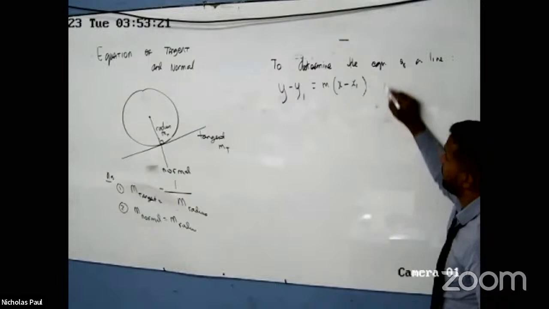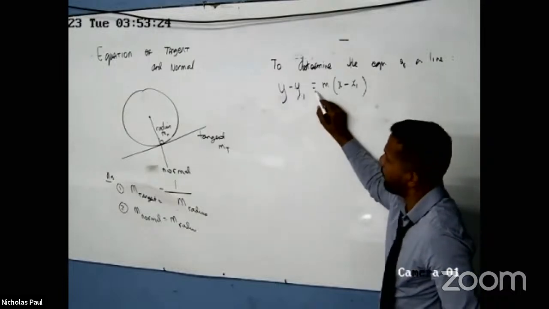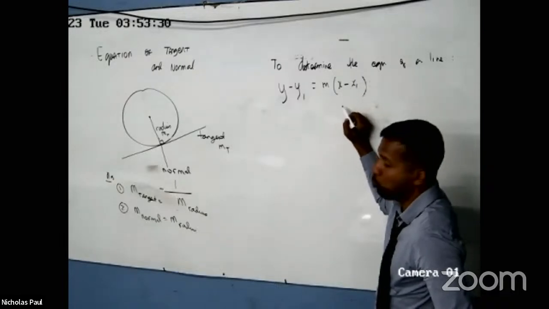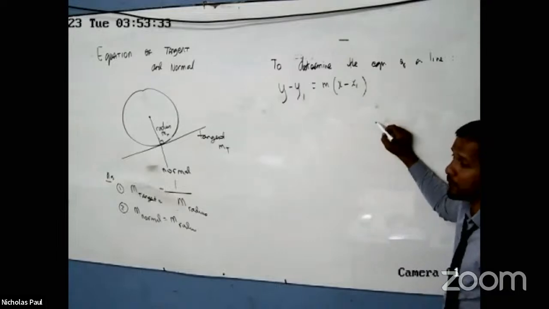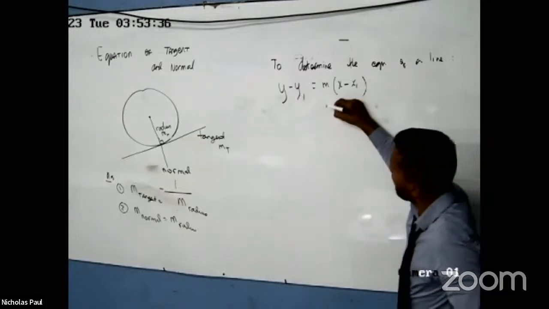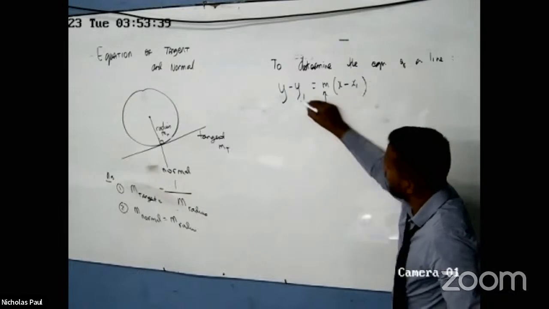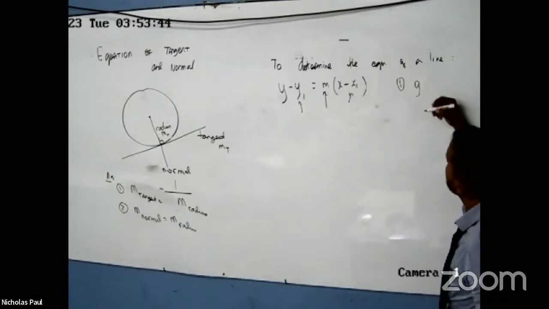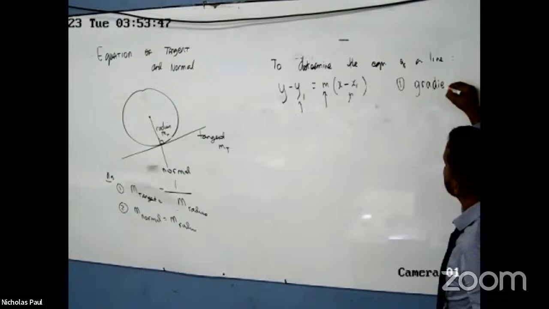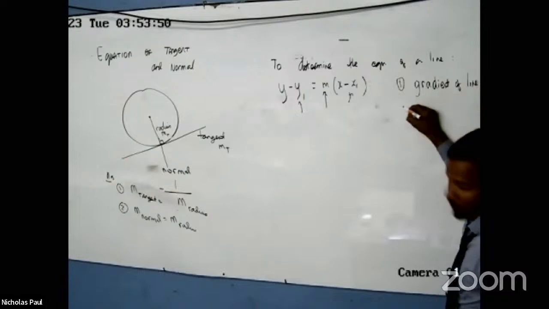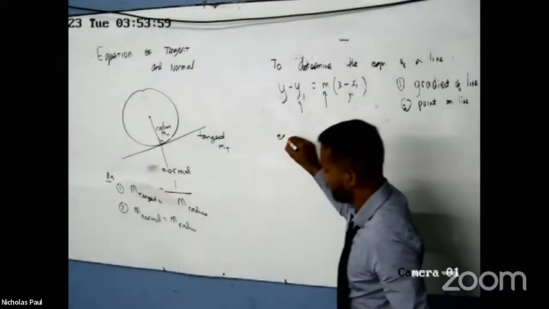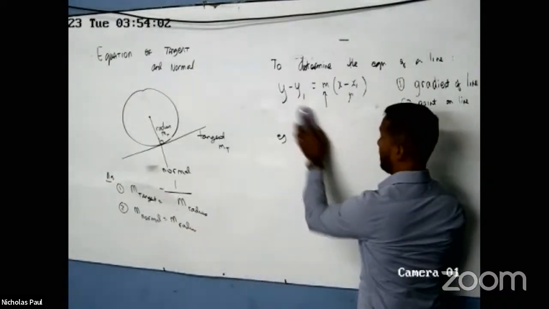So to determine the equation of a line, we're going to use y minus y1 is equal to the gradient times x minus x1. So what do we need? To get the equation of a line, number one, we need the gradient, and number two, we need a point on the line. All right, copy down. Let's do one simple example.